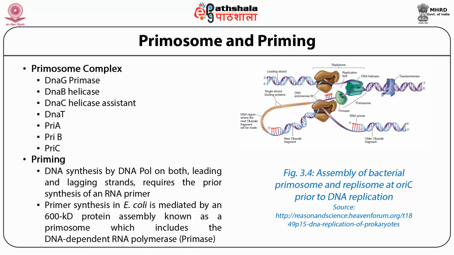The reason being, of all the known DNA polymerases in bacteria, none of them have a de novo synthesis ability, which however exists with the DNA-dependent RNA polymerase, which in case of bacteria is the DnaG primase, which is able to synthesize the RNA primer de novo, upon which the DNA strand is thereafter extended.